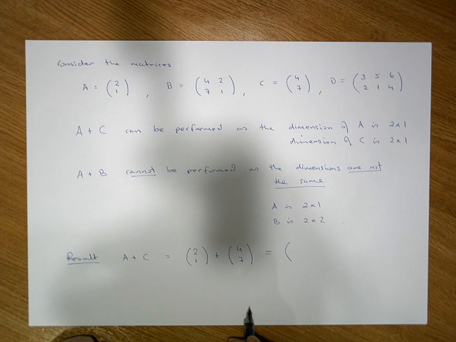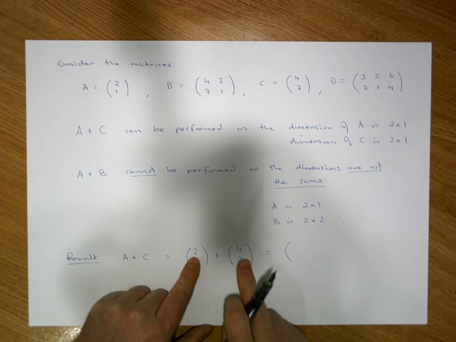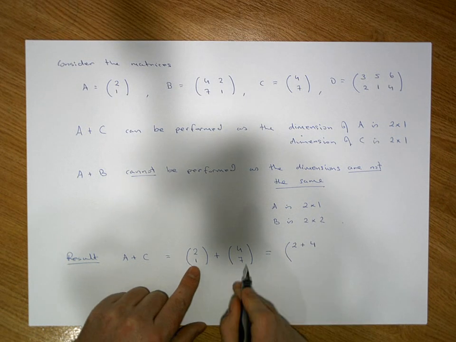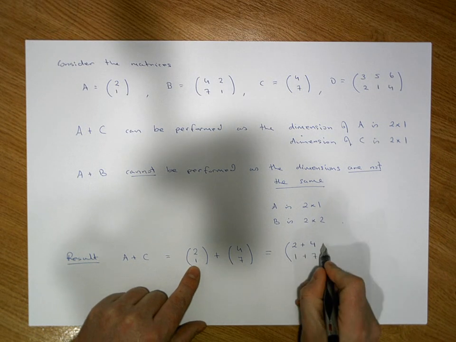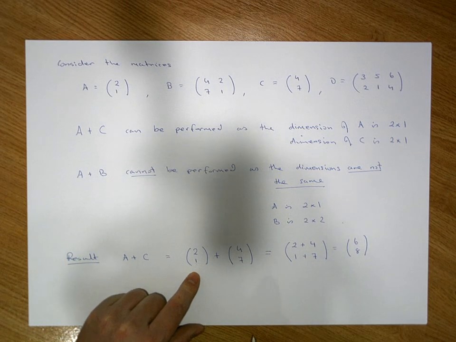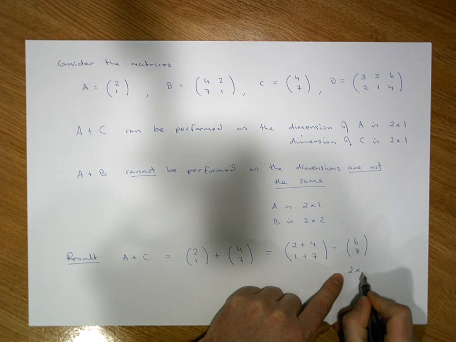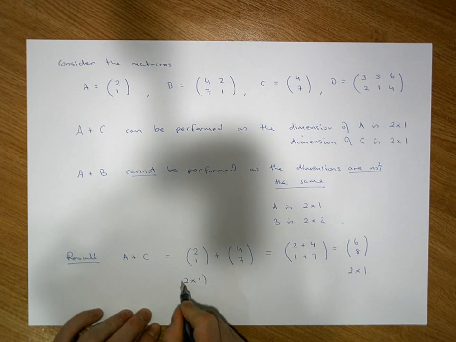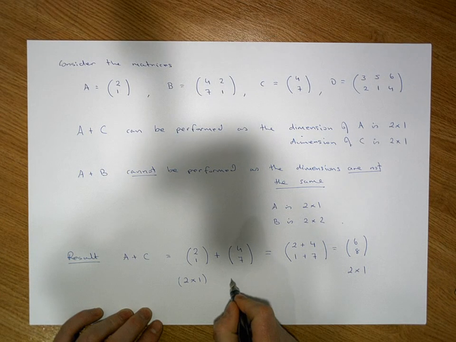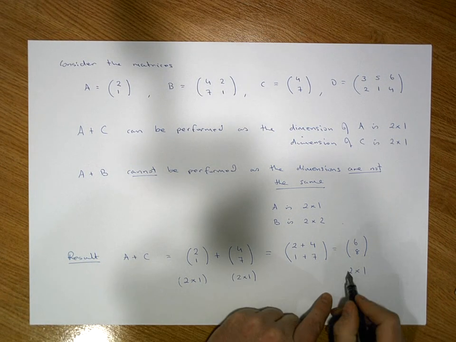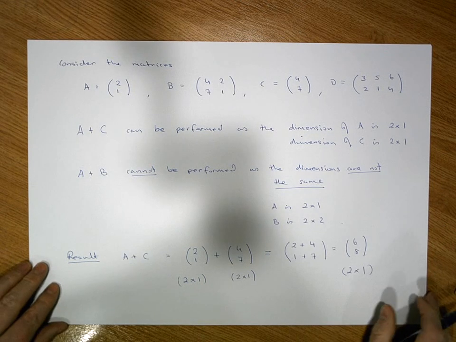What we do is we add like entry with like entry. So we add the 2 with the 4, so we get 2 plus 4, and we get 1 plus 7, to give us a new matrix that's equal to 6, 8, which is also a 2 by 1 matrix. 2, 1 is a 2 by 1 matrix, 4, 7 is a 2 by 1 matrix, and when we add them together we end up with a 2 by 1 matrix.